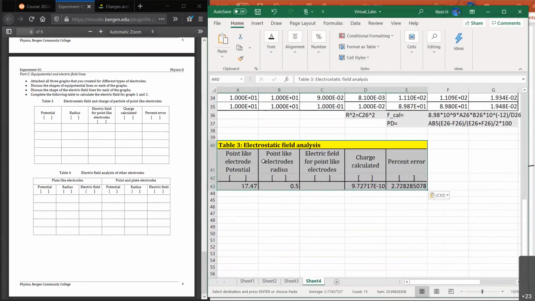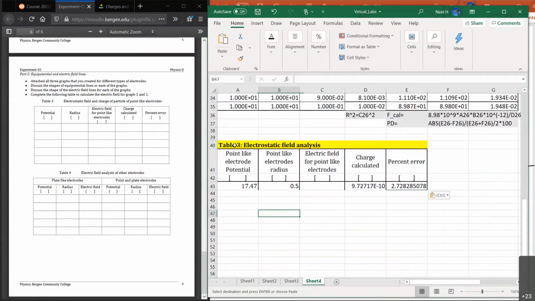Okay, let's paste it there. All right, so table number 3, electrostatic field analysis. Let's rename this one. Now what we're doing is electric field for a point charged particle.